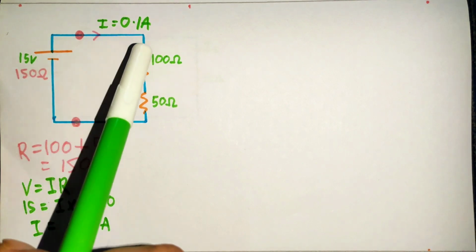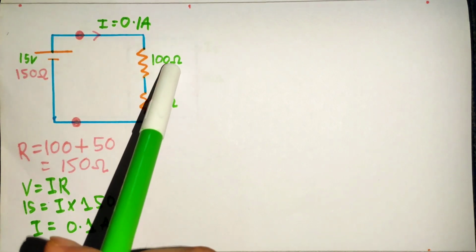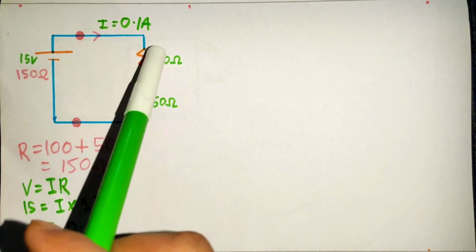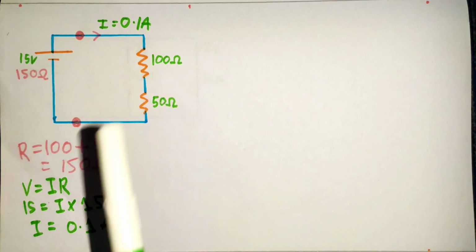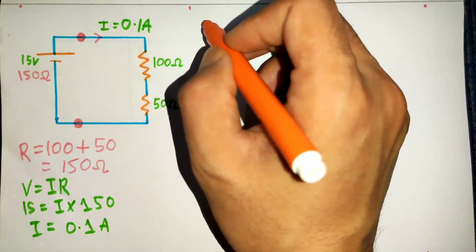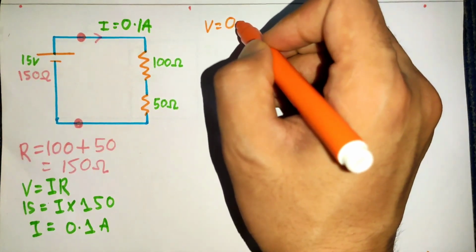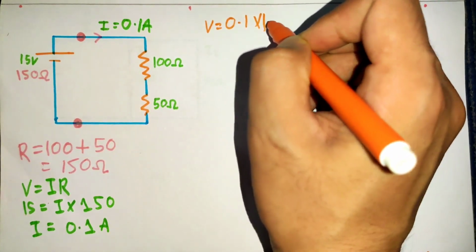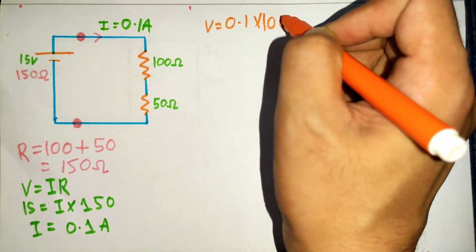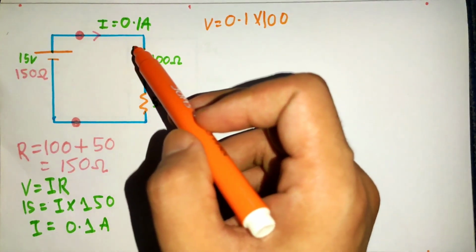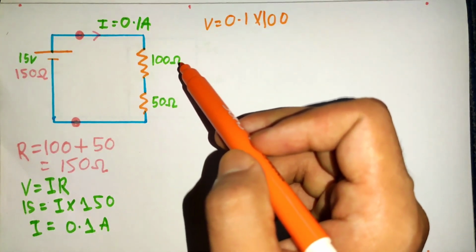Now by using current and resistance, we can calculate how much voltage is dropped across each resistor. Using Ohm's law, V is equal to 0.1 into 100. Here I am calculating voltage for this resistor.